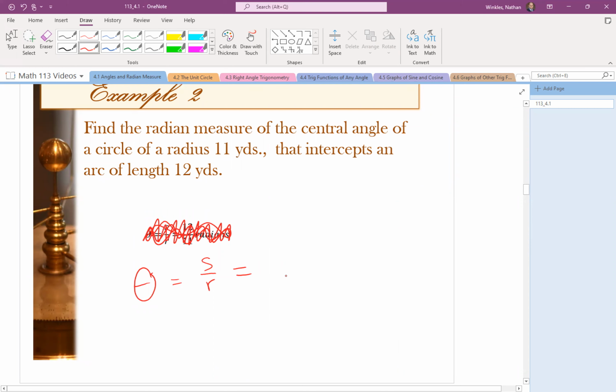In this case, S is equal to 12 and R is 11. So this is 12 over 11 radians as our answer. Always make sure we can identify what we have versus what we're needing.